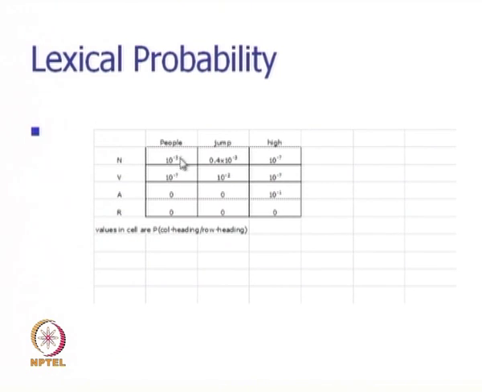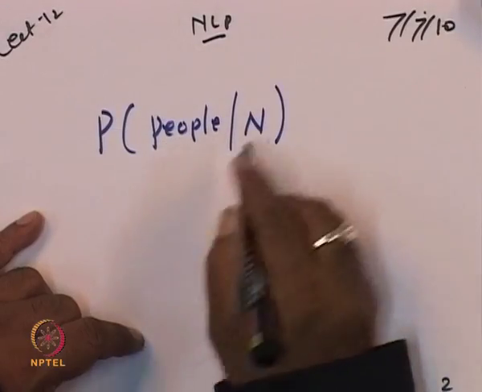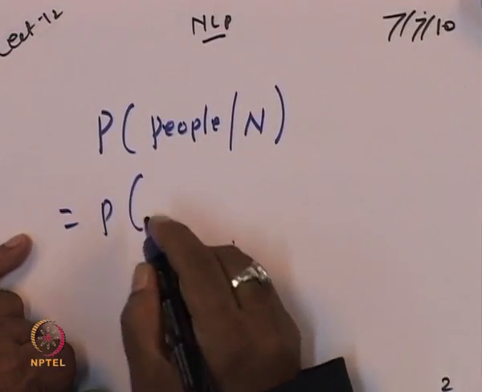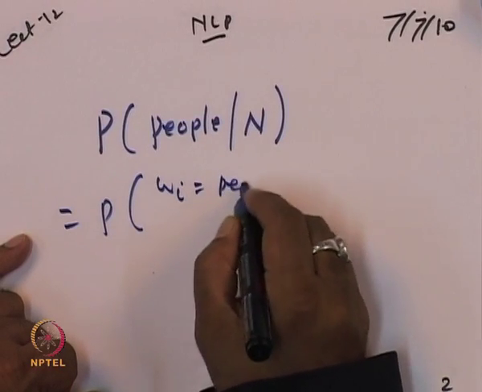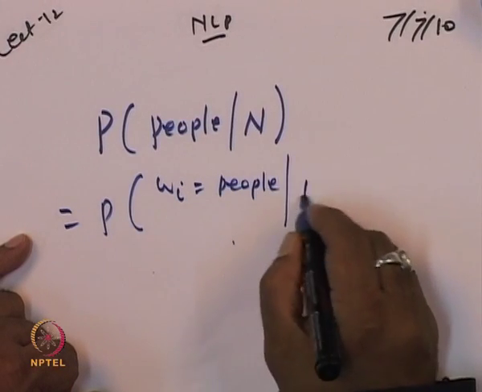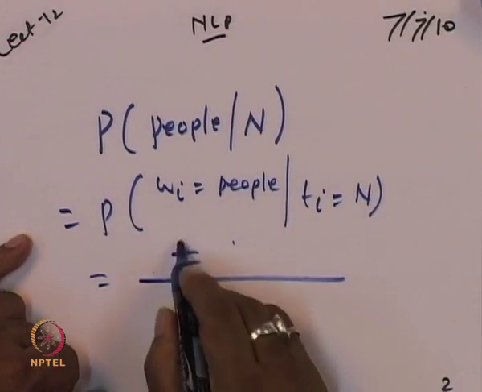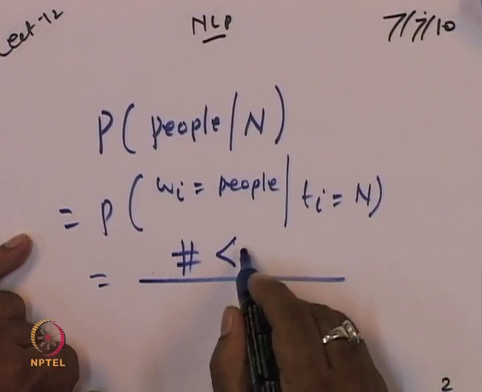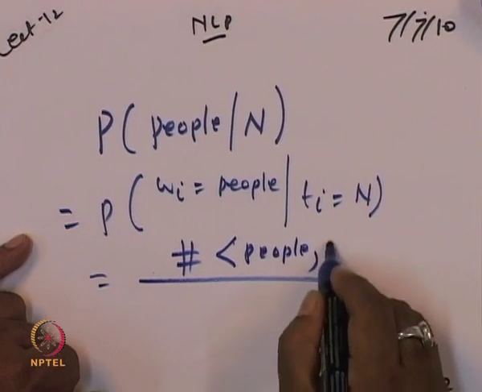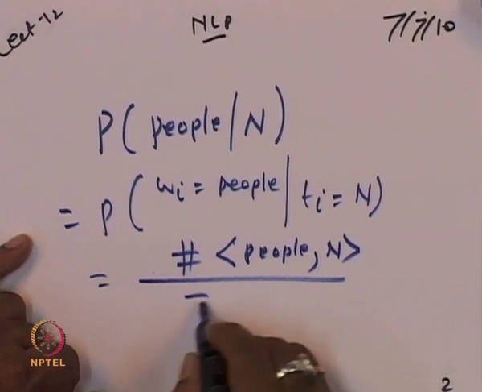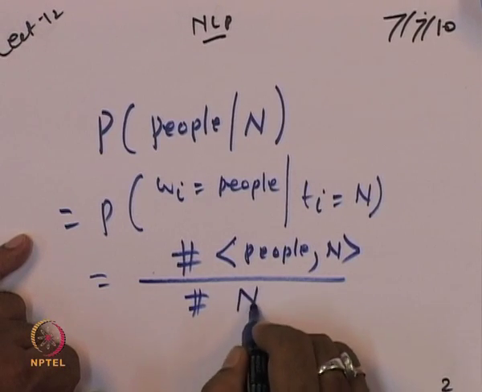This also we can compute from the corpora. How do we compute this from the corpora? We will look at the mathematical expression and write it down. We want to compute p of people given n. More accurately, this is the probability that w i equals people given that T i equals n. This is simply the number of times we have people and noun occurring together divided by the number of nouns.